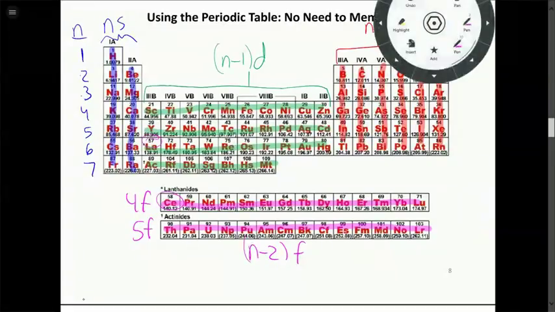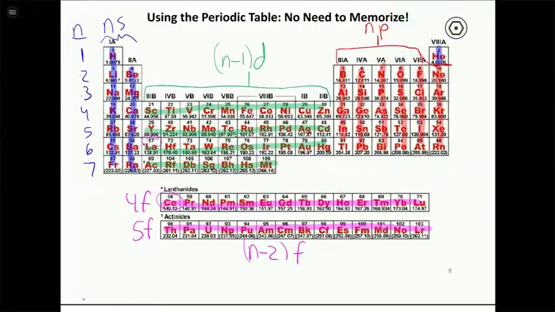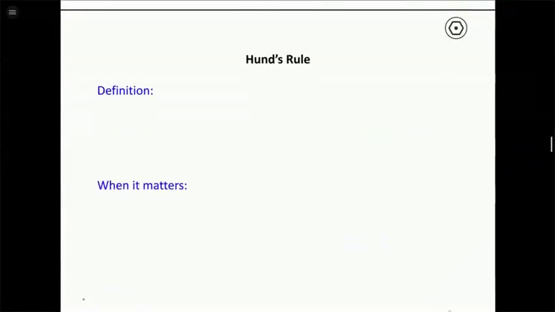Now the last thing we need to talk about before dealing with electron configurations in more detail is one other rule for adding electrons, which is called Hund's rule. This deals with what happens when we fill degenerate orbitals. Hund's rule is not really important if we're just trying to determine the subshell configuration.